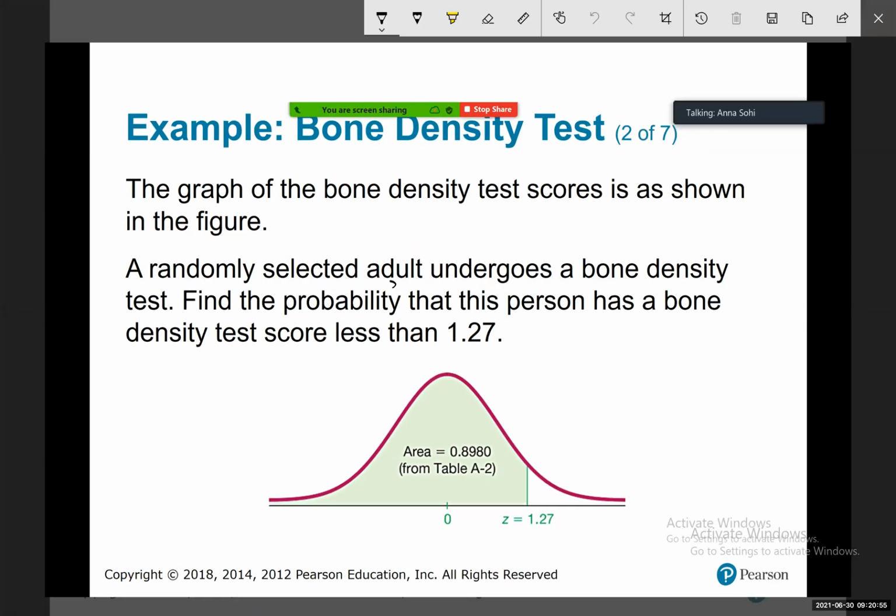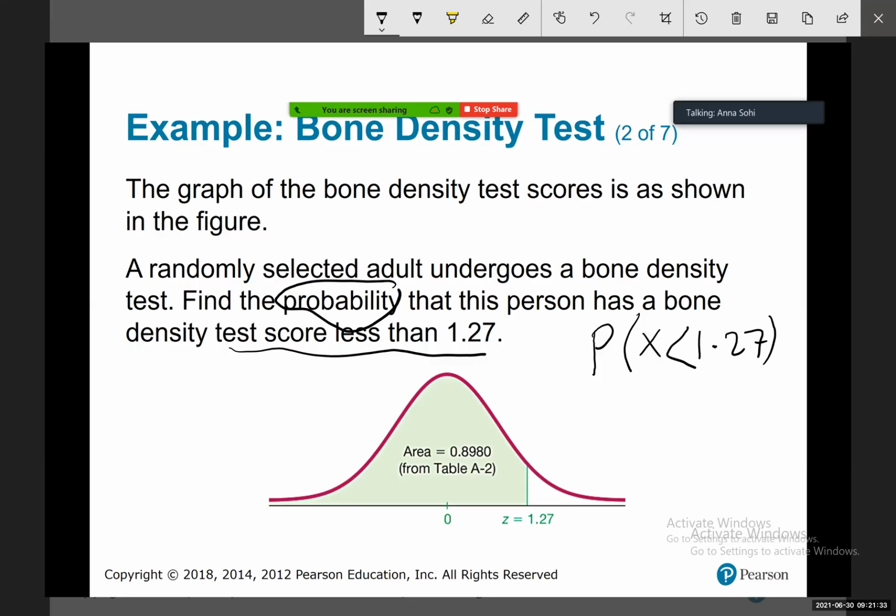Anytime it says find the probability and you have a bell-shaped density curve, so it says test score is less than 1.27, you want to find the probability where the test score, let's call it X, is less than 1.27. You could write Z in this case, but you can always safely write X. It doesn't really matter if you put the equality here or not.